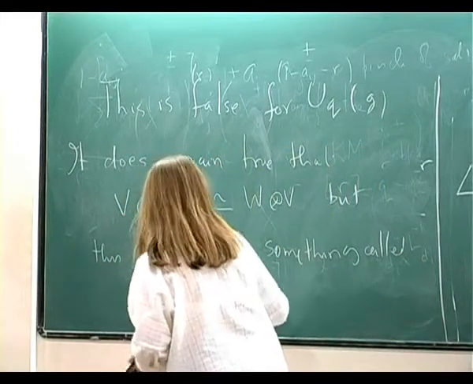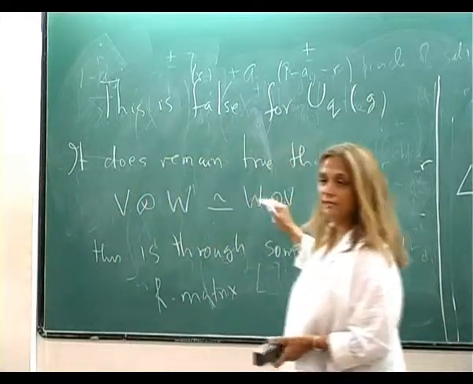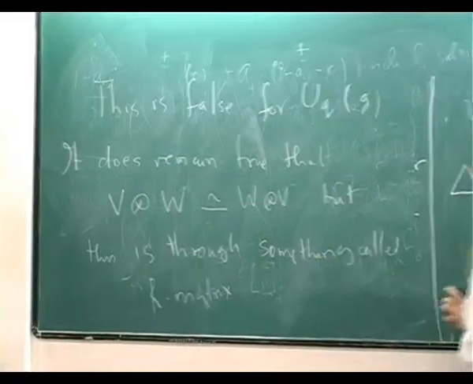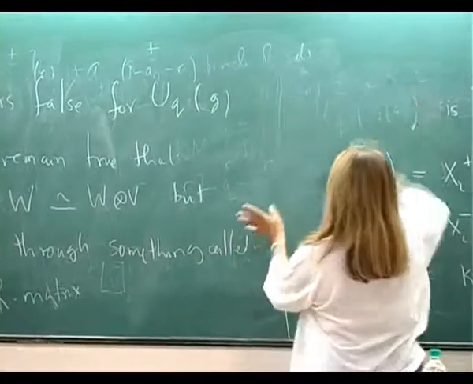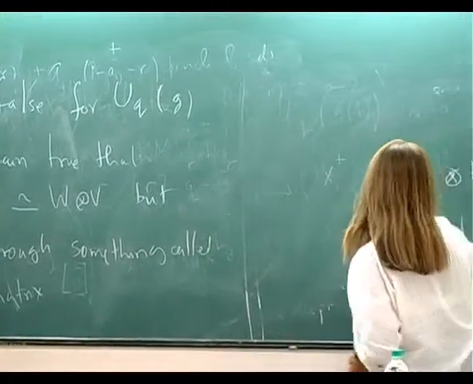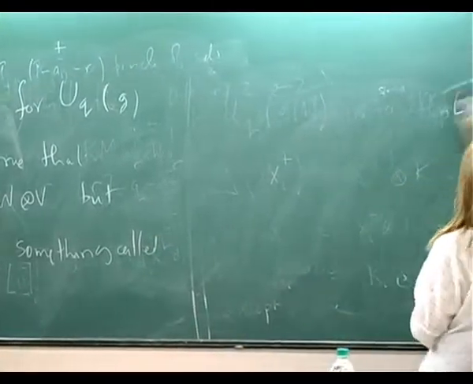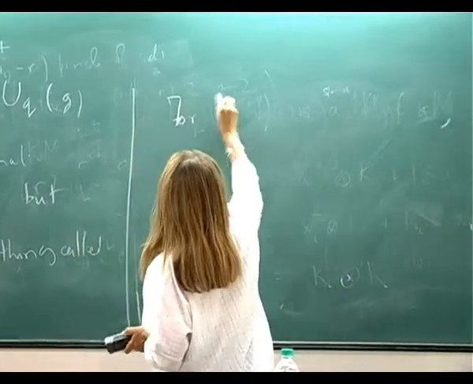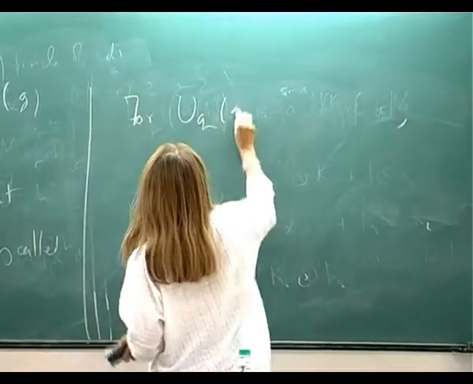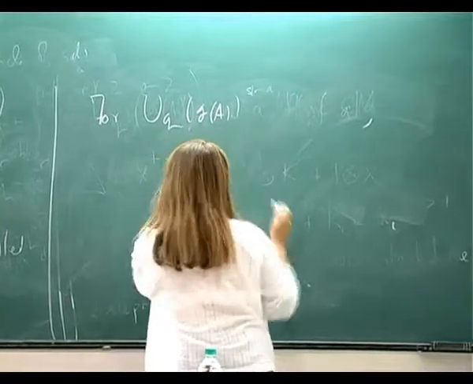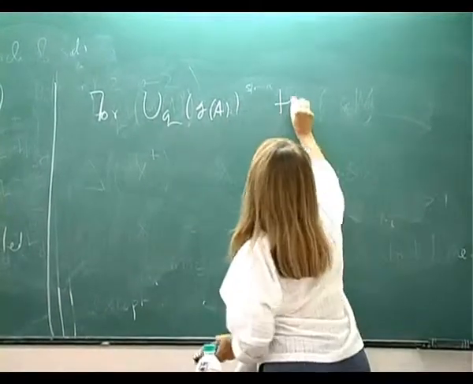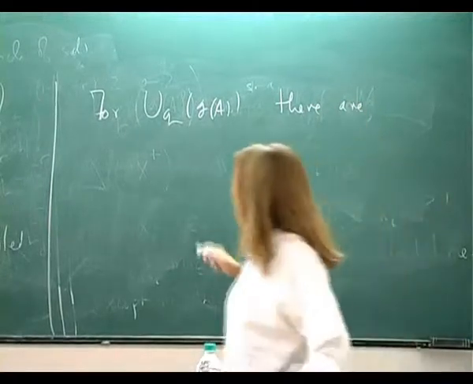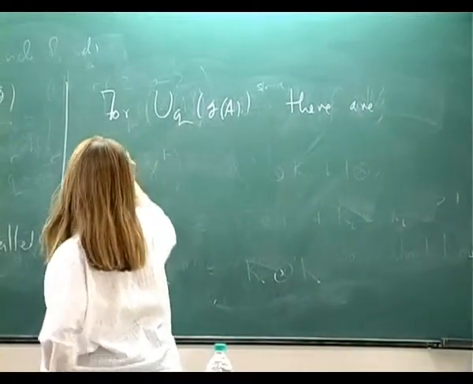But this R matrix is something that works well only for simple Lie algebras. So we're going to see examples where this is just not true. For UQGA, there are many examples, and that's what again makes the representation theory very interesting.